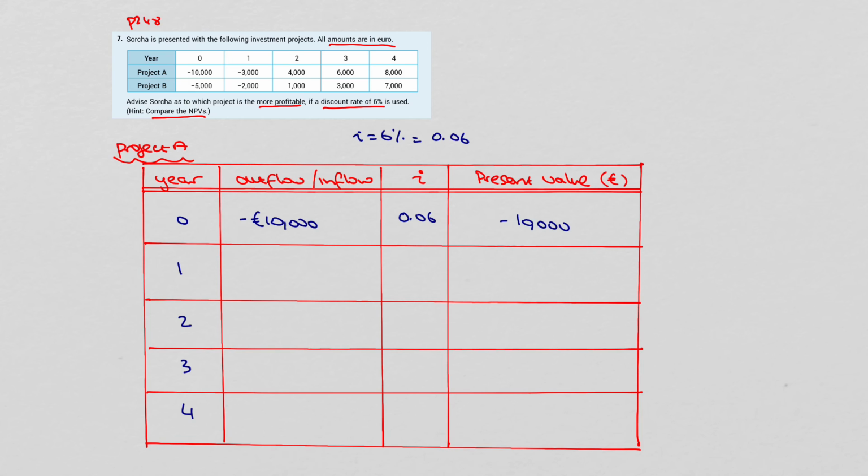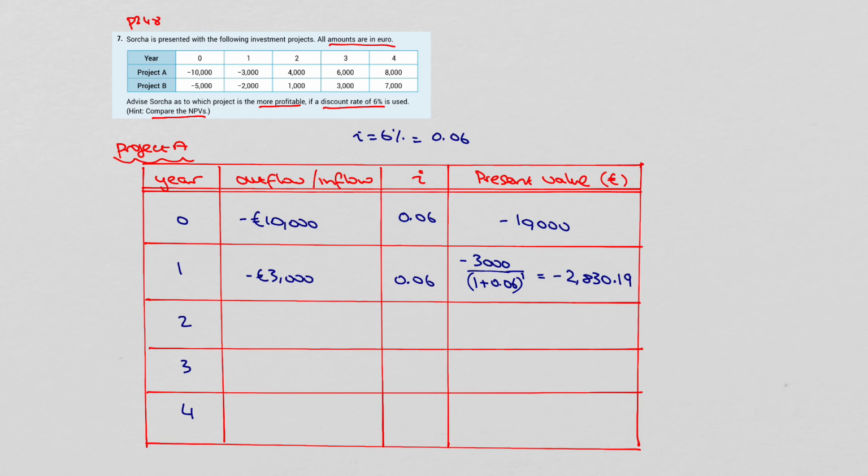For year 1, we have minus 3,000. So at an interest rate of 0.06, we're going to have to discount that back. So that's going to be minus 3,000 divided by 1 plus 0.06 to the power of 1. And therefore that's going to be minus 2,830.19.